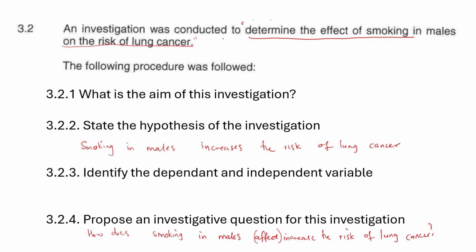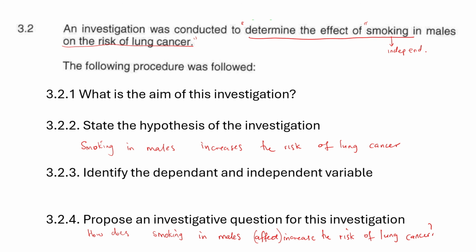Just like here, an investigation was conducted to determine the effect of smoking in males on the risk of lung cancer. What follows after the words effect of is your independent variable.